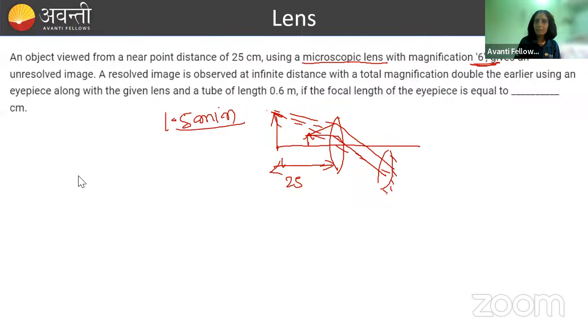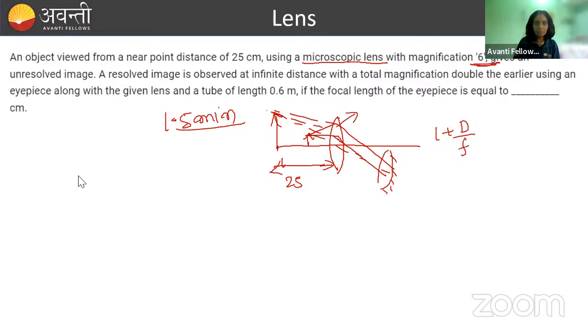So this is magnified to the extent of what? 6 times. Now, if I put the formula, which formula should I put? Here, the final image is getting formed at the least distance of distinct vision, right? So 1 plus d by f, that is, f of, f is what?